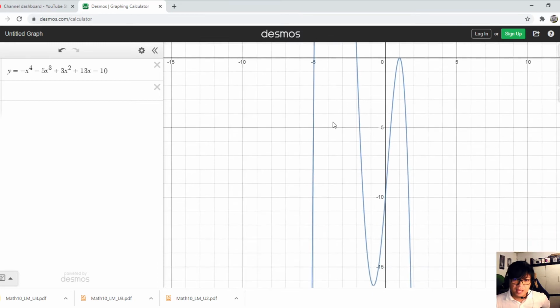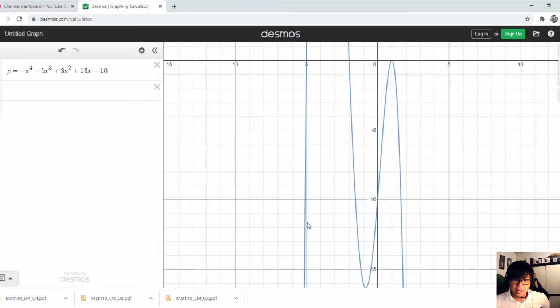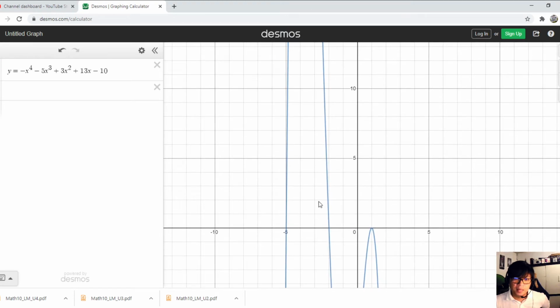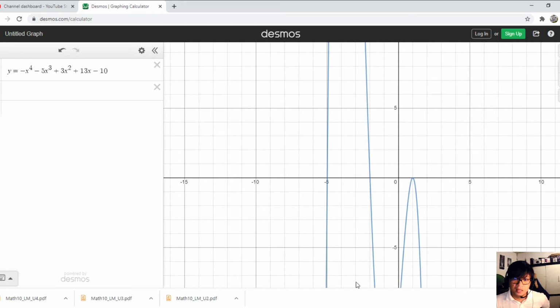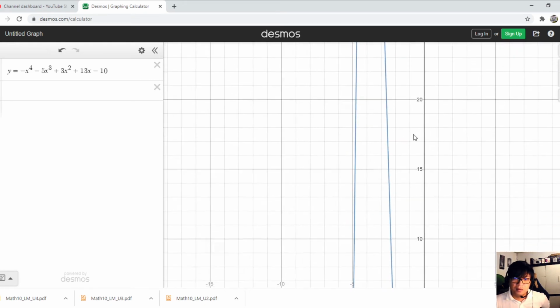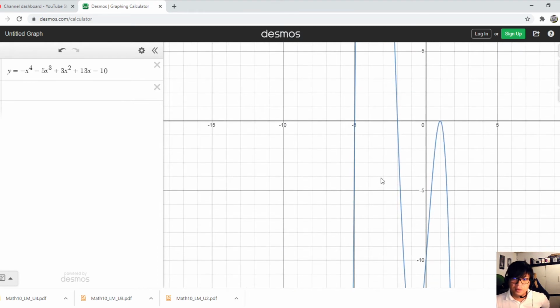So, ang graph niya is, nag-start siya sa below, then above, tapos nag-below siya, below, tas above, below, tapos above, below.